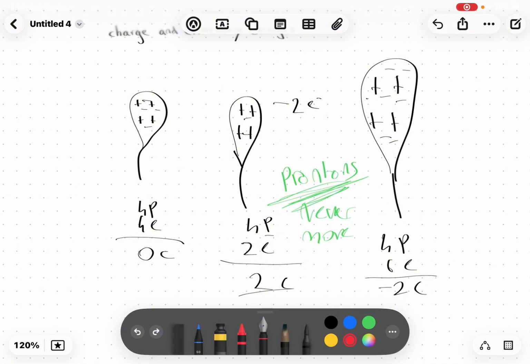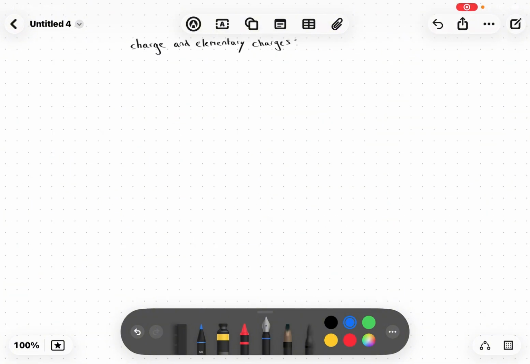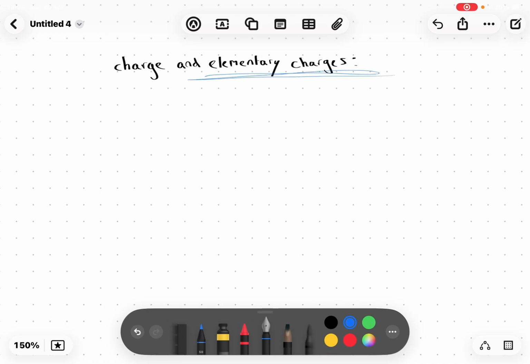Remember that. Now let's talk about the term elementary charges. Let's go back to the proton, neutron, and electron.